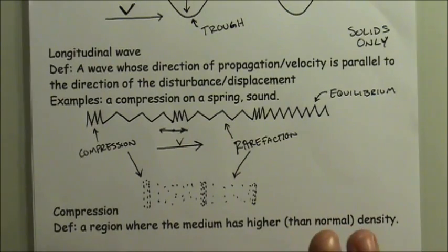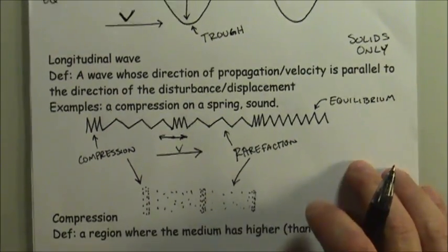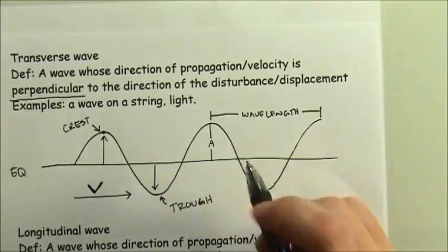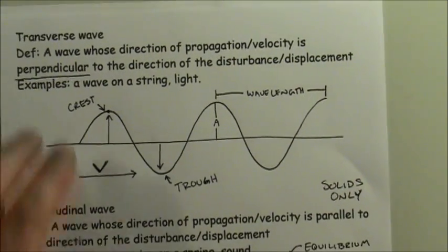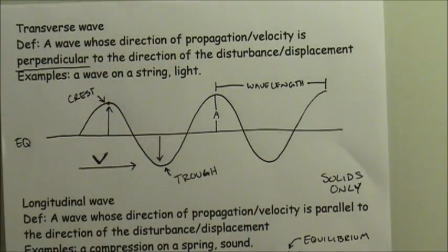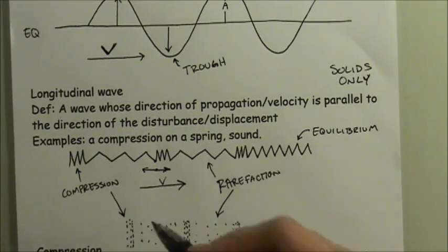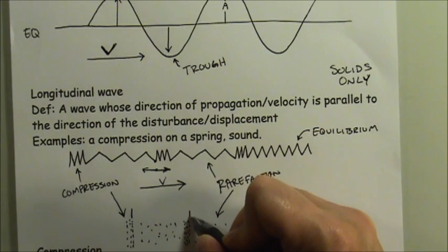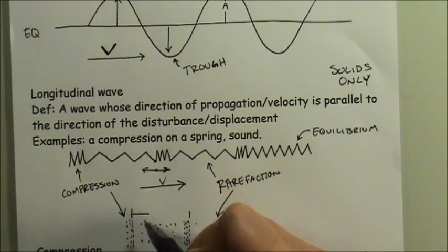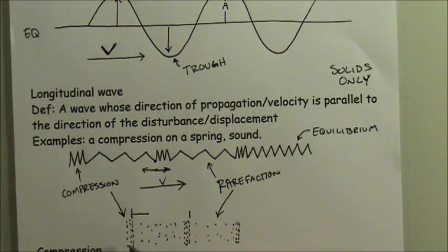If I could add one more thing to this diagram: just as up here I went from one crest to another, which defined the wavelength, the length of one wave, I can do the same thing with this one. For example, I could go from this location to this location. You could think of these as a crest, a place where the density of particles is higher than normal.